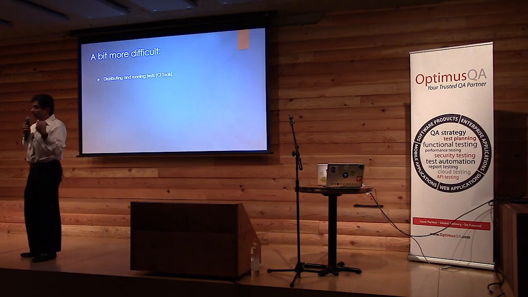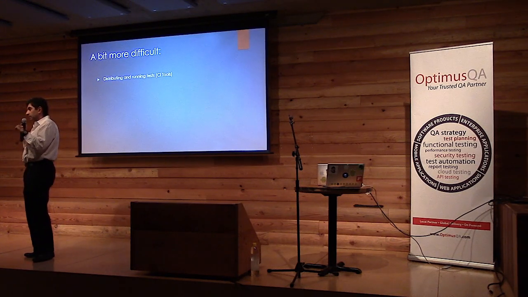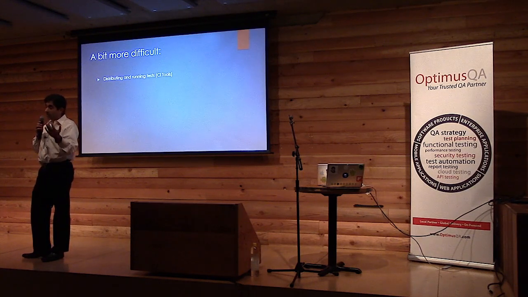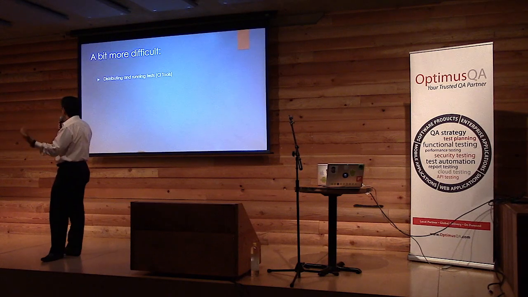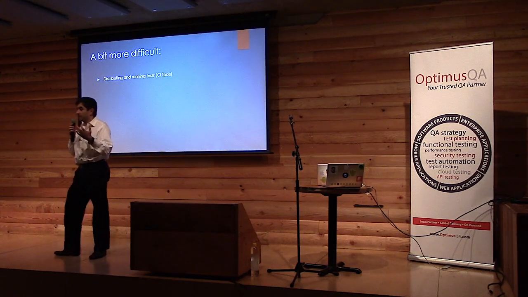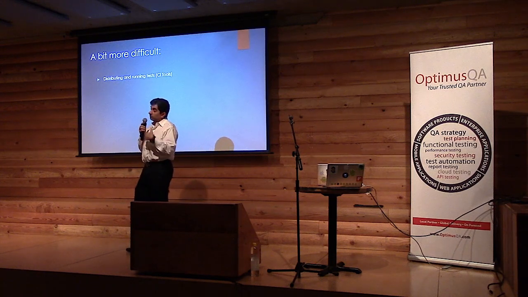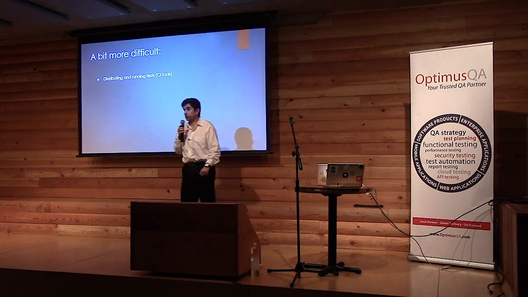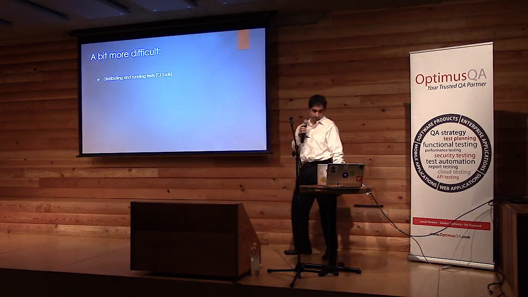The problem is they're not really built to run the tests. They're built to build and distribute the builds. So the facilities for reporting and logging are missing from them, and they're not as flexible as the testers want them to be. And they're not flexible enough for change of the parameters or change of the test as time goes by. Most of them are pretty static in their configuration.